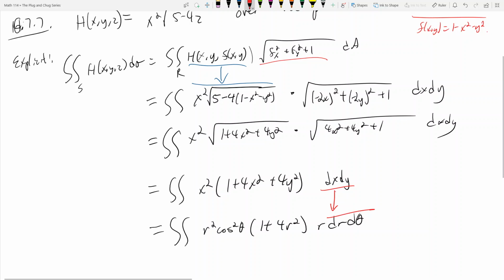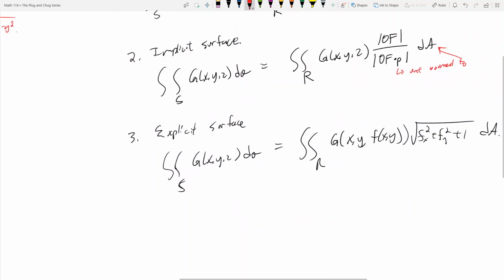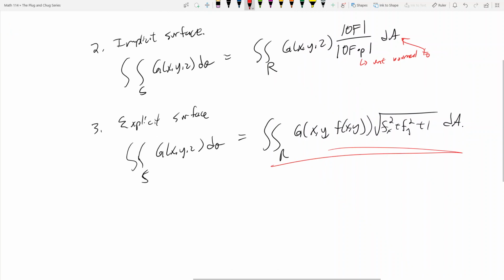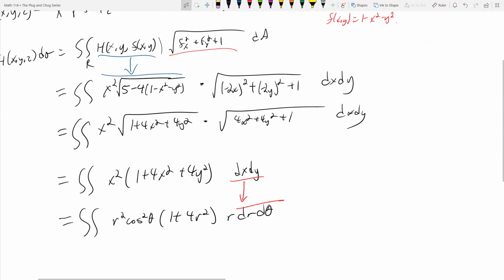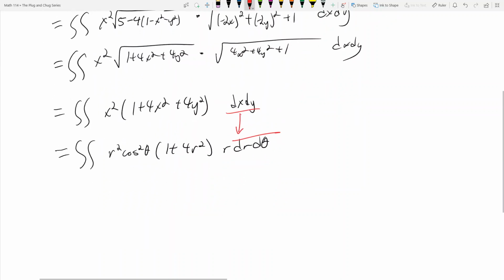So essentially, I went from d sigma to dx dy using the explicit surface formula. Because that is in dx dy, it is hard to evaluate, so I'm going to evaluate it in terms of r's and thetas. And so now we need the penalty term for that conversion, which is r.